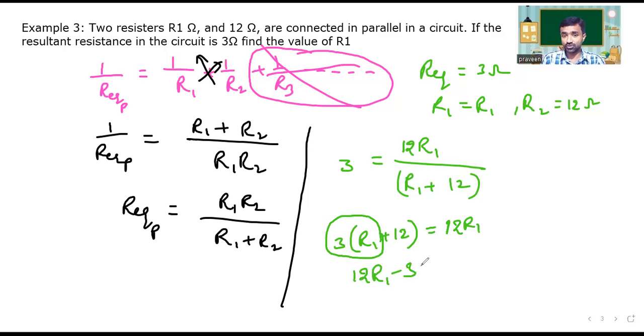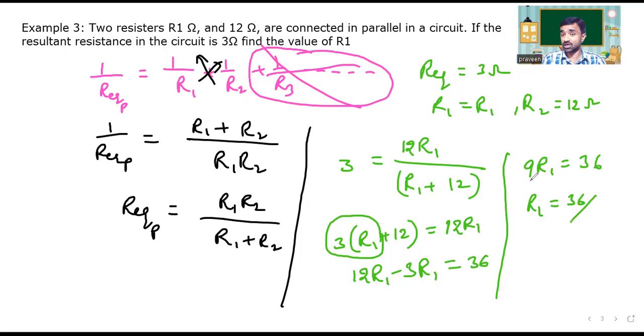12 R1 minus 3 R1. So 3 R1 is transposed to the right side. Then what is left on the LHS? 3 into 12, that is 36. Then the difference is simply 12 minus 3, which is 9 R1, equal to 36. Then R1 equals 36 by 9.